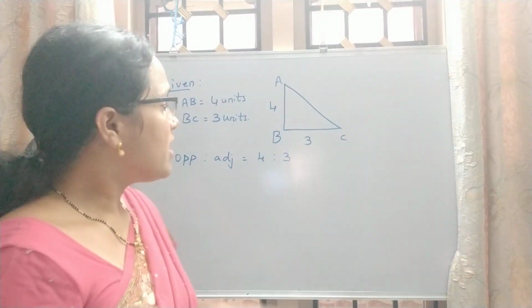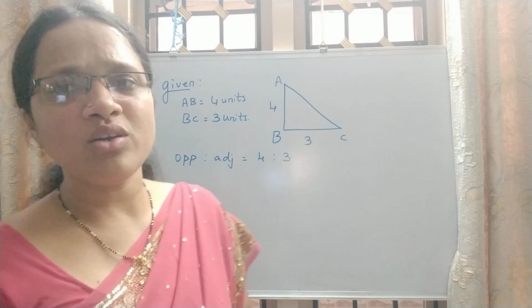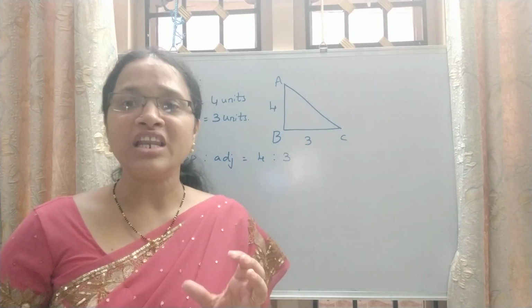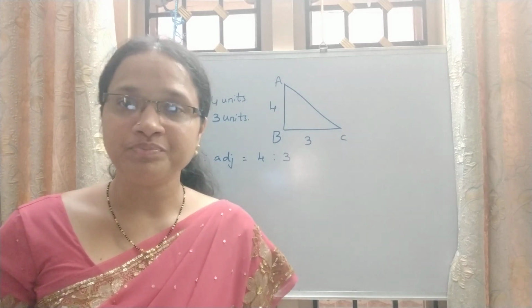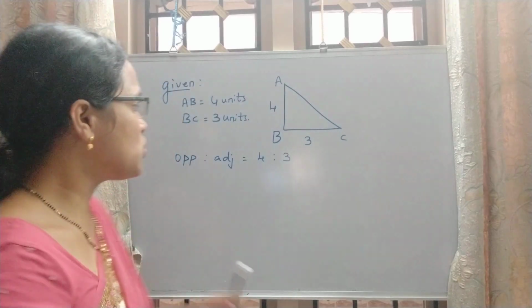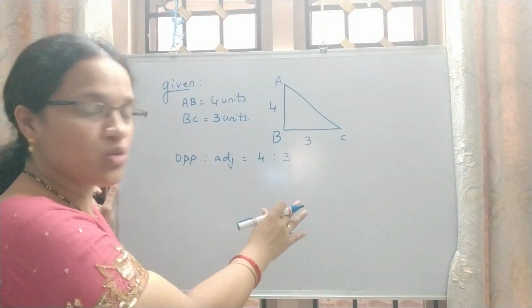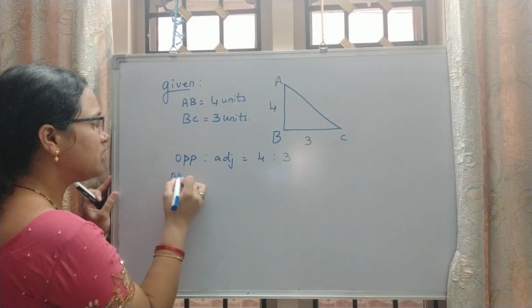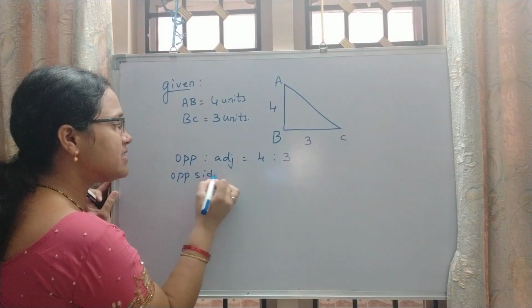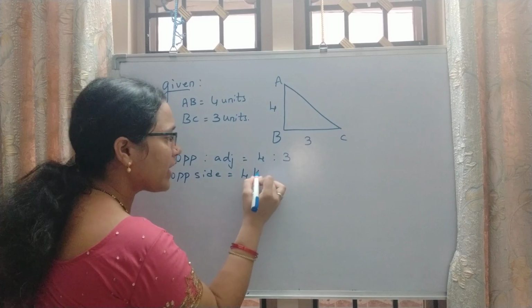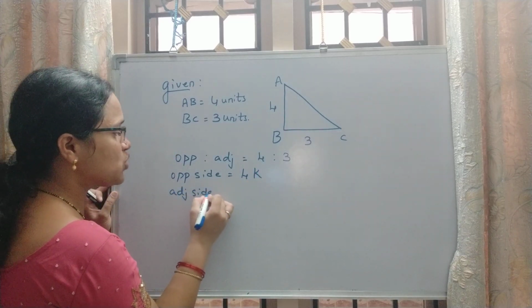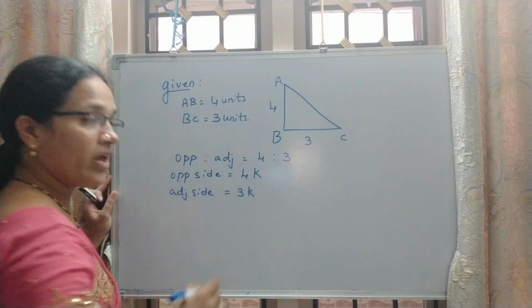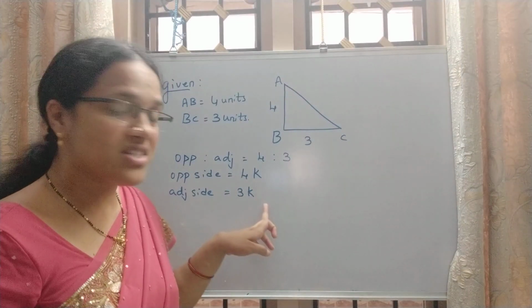Yes or no? Yes. Now this 4:3, you already know children, when any numerical values are given as ratios, how will you write them? If they are taken as ratios, you have to write that the opposite side equals 4k and the adjacent side equals 3k. Why are we writing this constant?